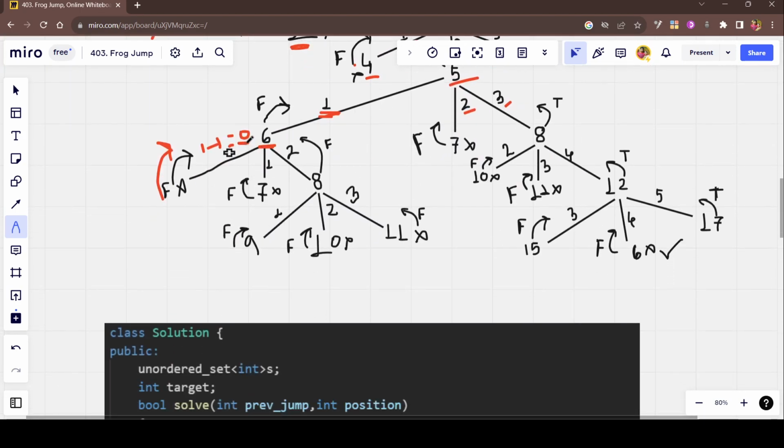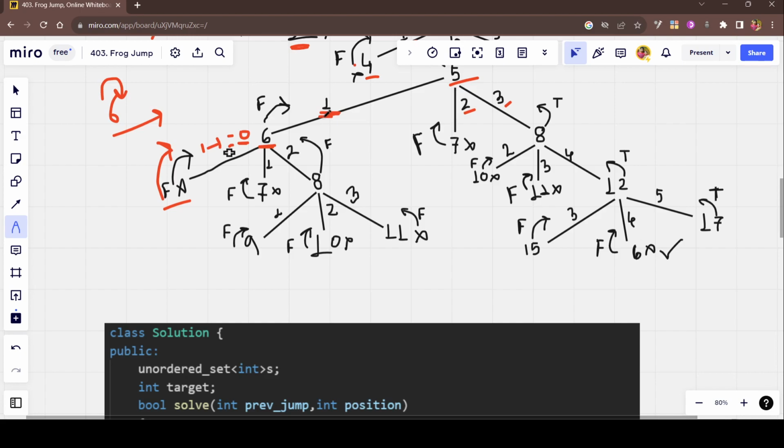Why doesn't 0 hold any kind of significance? I think it is clear, because if you are on 6 and you have a jump of 0 units, you will again be on this stone. So it is not possible to go to the last stone with a 0 jump. So directly we will return false, that it is not possible to jump with 0 units.